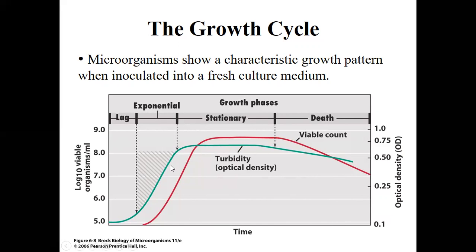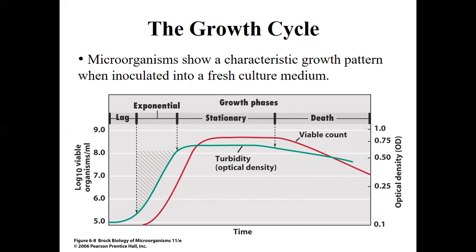This is the concentration of organisms in a single ml of media. For example, it was 5.2 in the lag phase, but at the end of the exponential phase, it is approximately 8.2 million per ml.